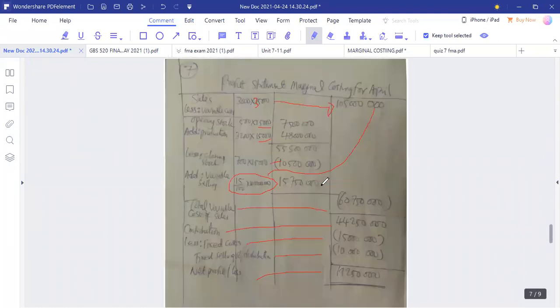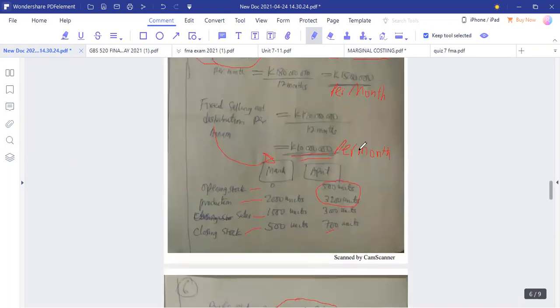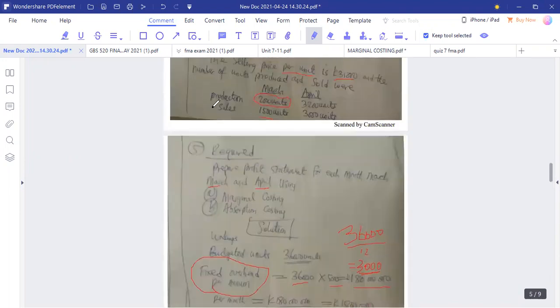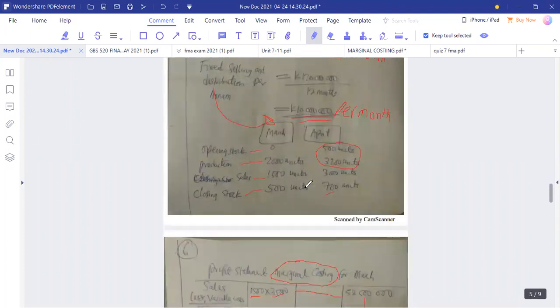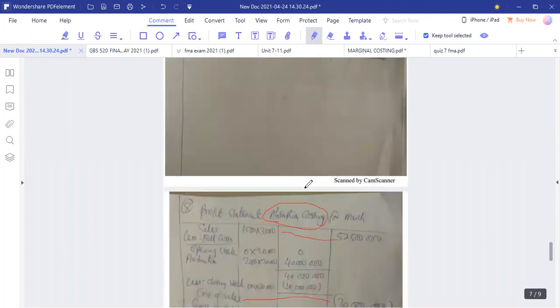So under absorption here, our budgeted was 3,000 as calculated here. We produced 2,000, so there was under absorption of 1,000 units in March.